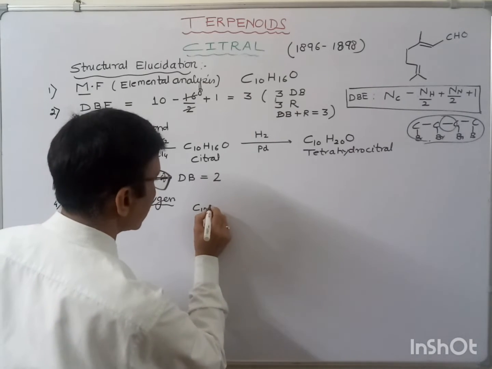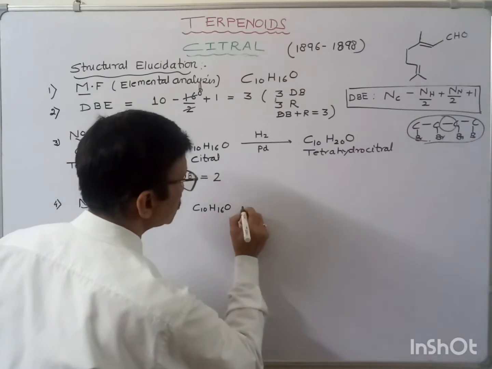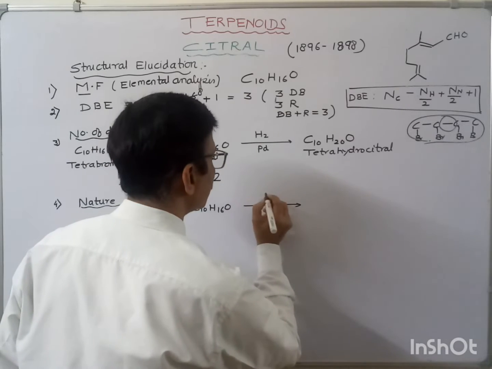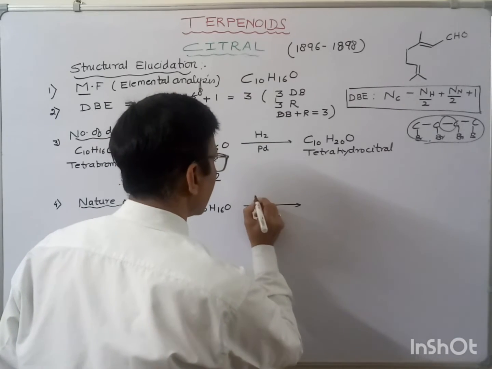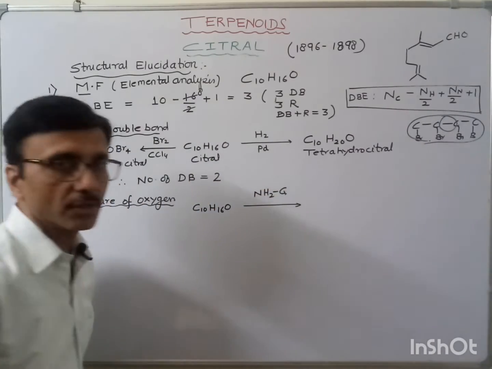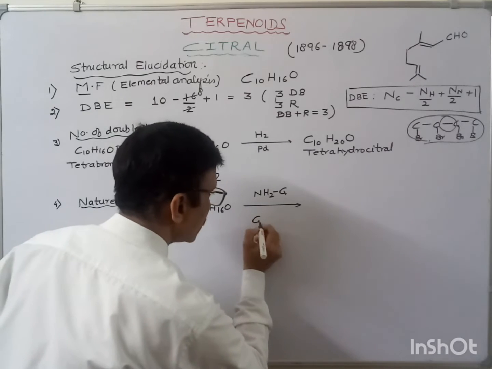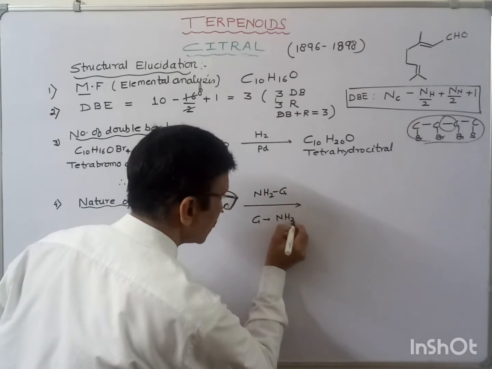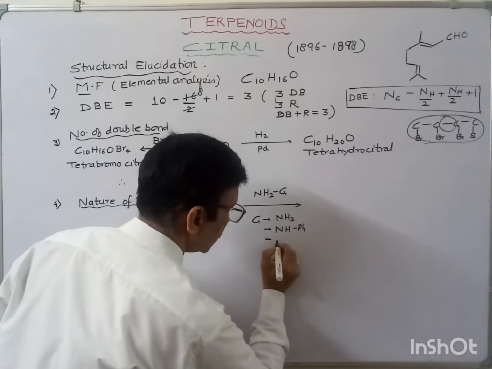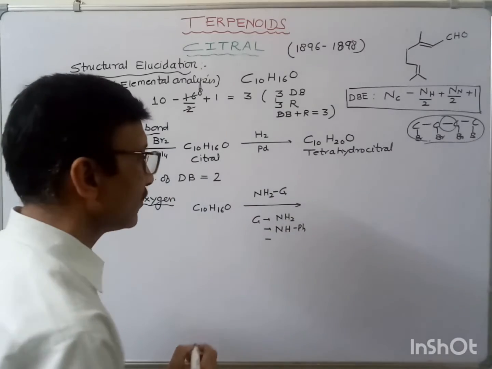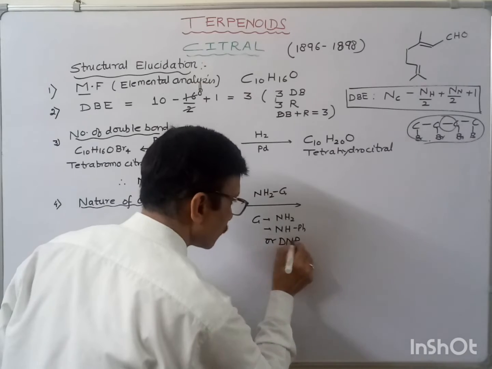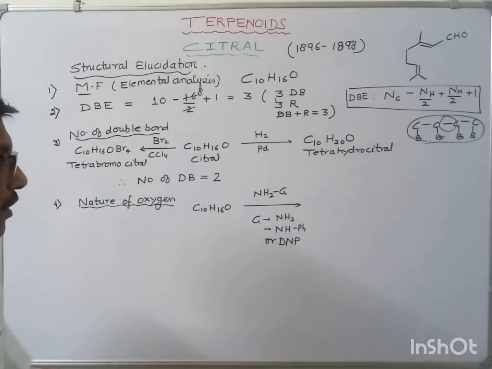First of all, when citral, C10H16O, was treated with some hydrazine derivative, suppose NH2G, it may be hydrazine, it may be phenyl hydrazine, it may be DNP, dinitrophenyl hydrazine. So we can use DNP.